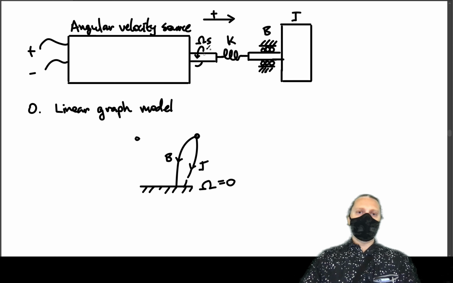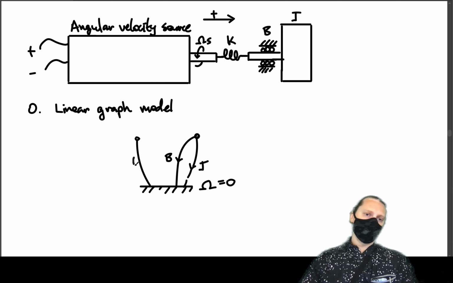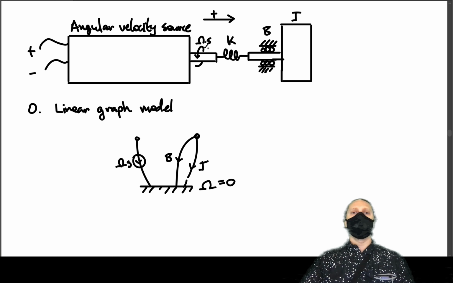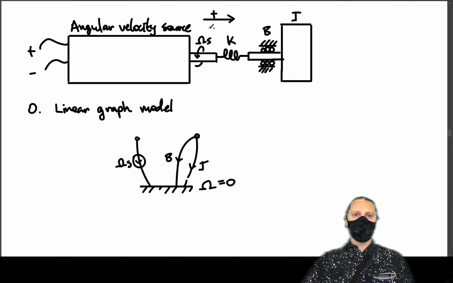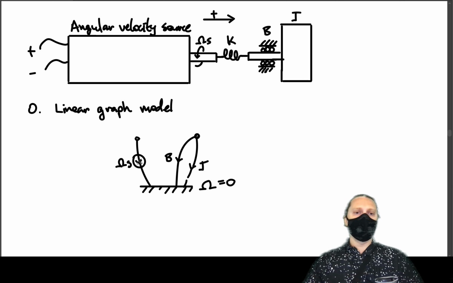So let's draw the source then. It has its own shaft, so its own angular velocity. The direction of its arrow is going to be away from the node of application because we have the direction of omega s being the same direction as the positive direction of the coordinate arrow, and it's an across variable source. Angular velocity for rotational mechanical systems is an across variable, so we've got ourselves an arrow down here.